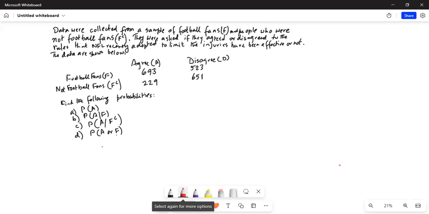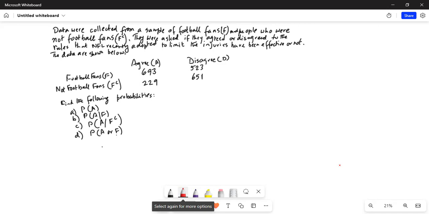They were asked if they agreed or disagreed that the rules the NFL recently adopted to limit injuries have been effective or not. There are two categories mainly: football fans and not football fans.